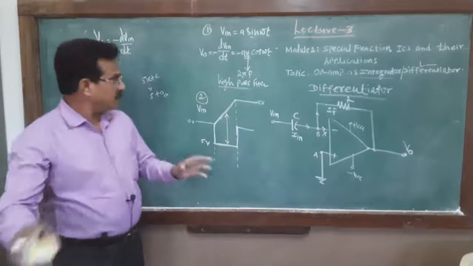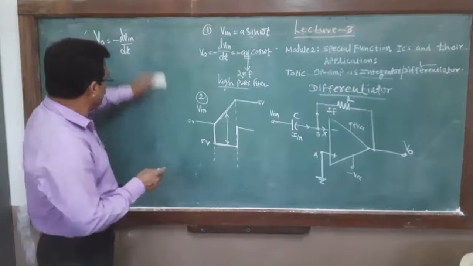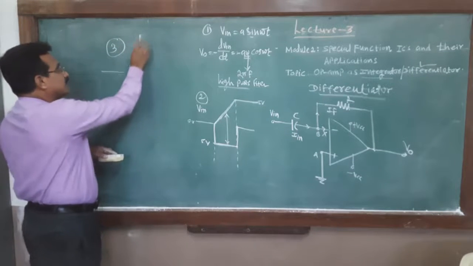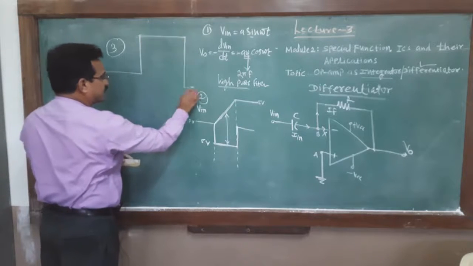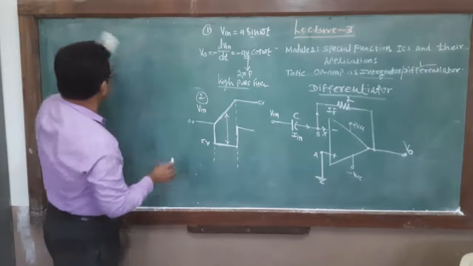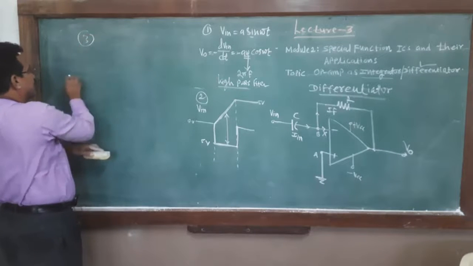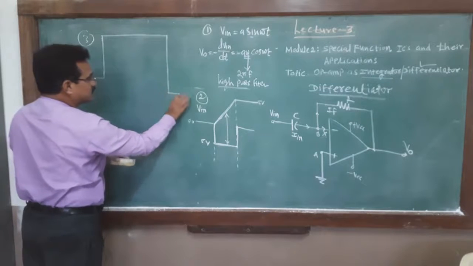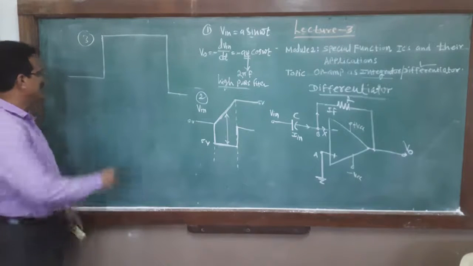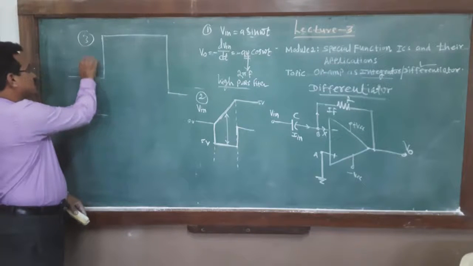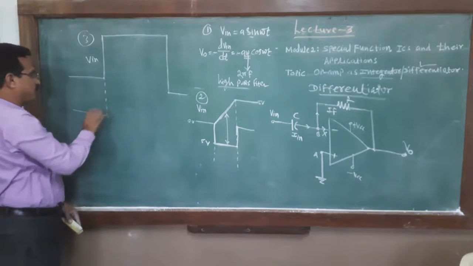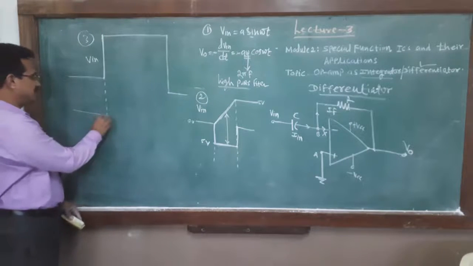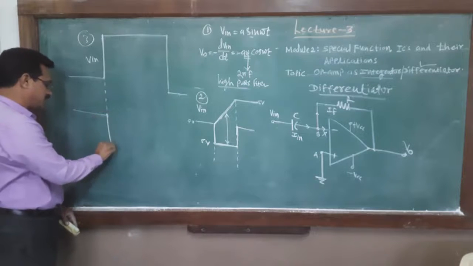One more point you remember, third: when a rectangular pulse is used, suppose this is a rectangular pulse, what is the output? For this edge of the input, the output goes in this direction, and for the opposite edge of the input, the output goes in the opposite direction.